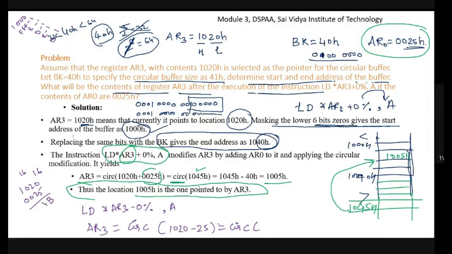So here I'll get FFB. So this is the circular addressing of 0FFB.